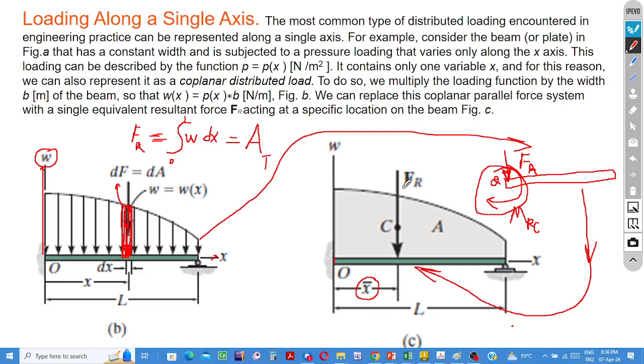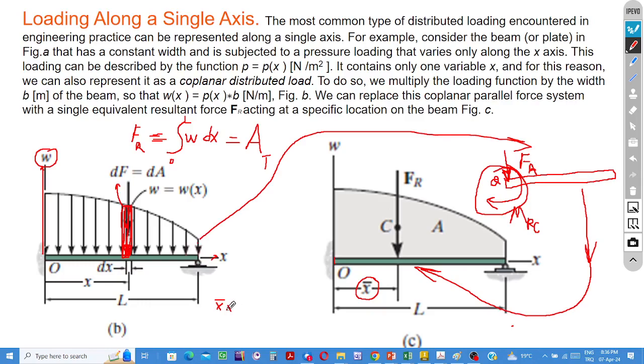In other words, the moment of this resultant force must be equal to the resultant couple moment. That is the governing equation.